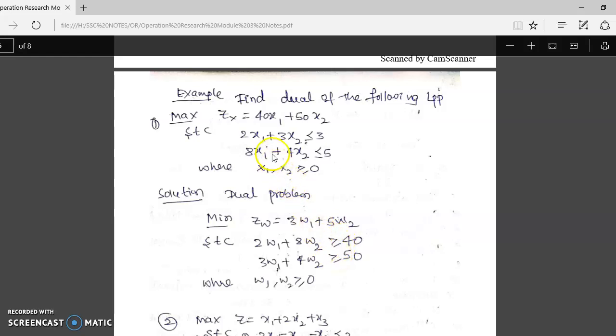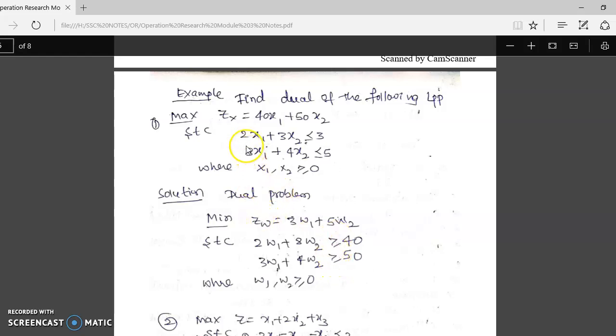Then come to the constraint 2x1 plus 3x2 less than or equal to 3. So in the z equation, 40 and 50 are written for the constraints towards the right side, and these less than symbols are converted into greater than symbols for the constraints.